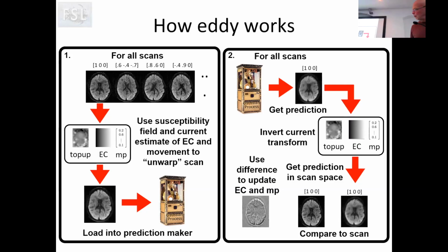We get a difference there, and we can use that to update the eddy currents and the motion parameters. These two steps together are one iteration of the eddy algorithm, and then we just keep going around a little while. And after the talk, I look forward to seeing if John considers this to be a proper generative model or not.